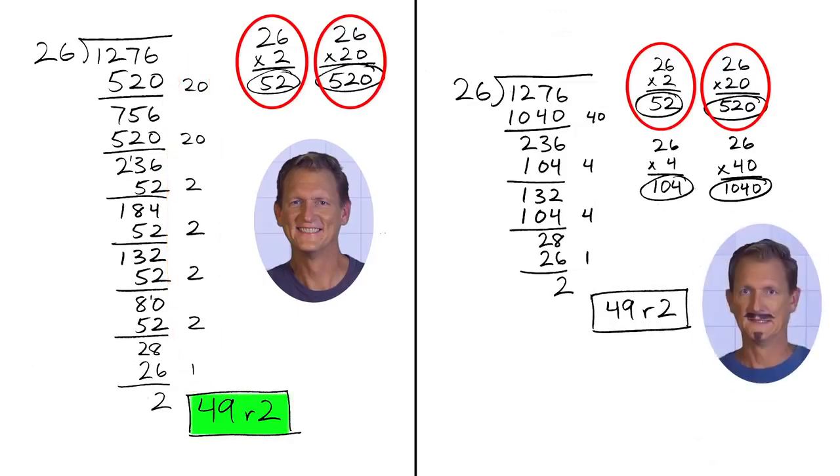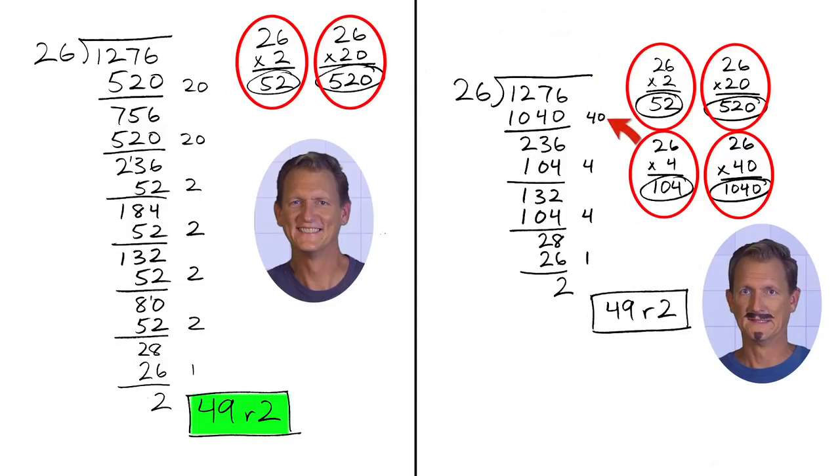But it looks like the second student realized that if he calculated a couple bigger multiples at the beginning, specifically 4 times 26 equals 104 and 40 times 26 equals 1040, he could use them to chip away at the dividend even faster. In the very first step, he was able to subtract 1040 from the dividend, so the remainder got smaller more quickly.